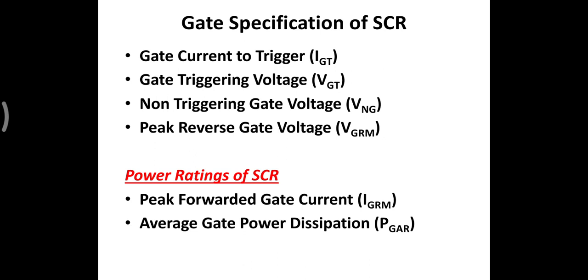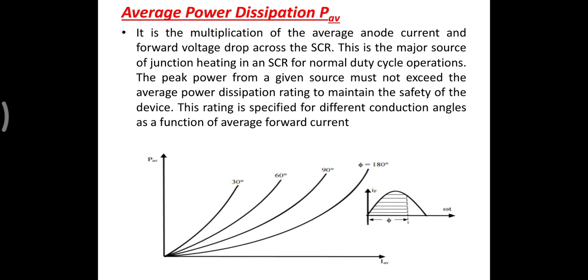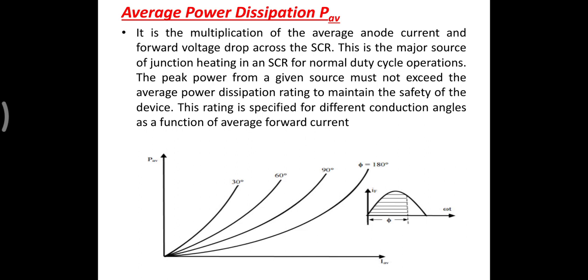Next, power ratings. Average power dissipated through the gate and gate power dissipation are related to power. The average power dissipated is the multiplication of average anode current and forward voltage drop across the SCR.